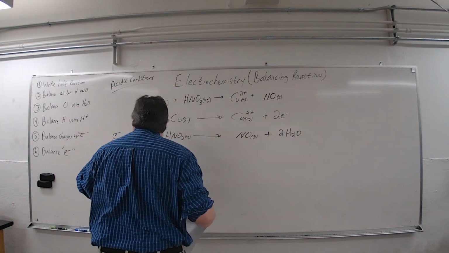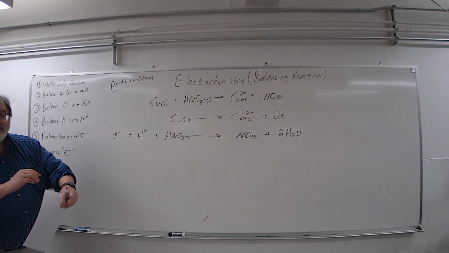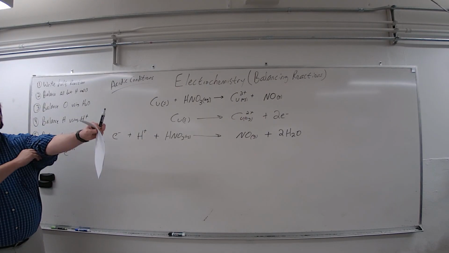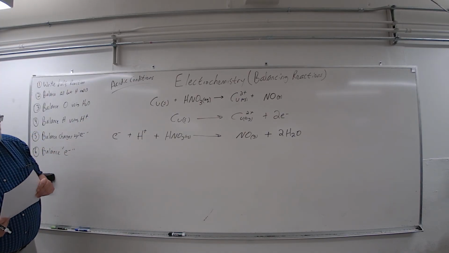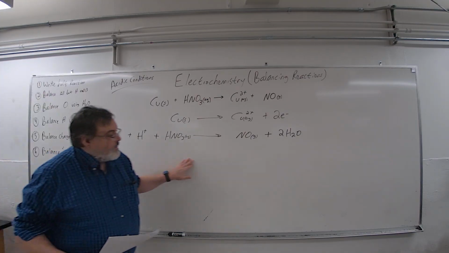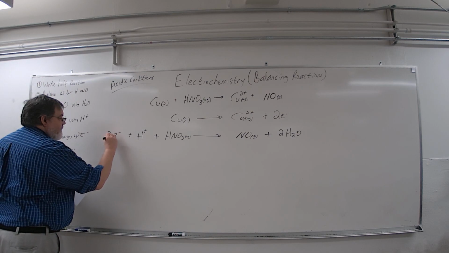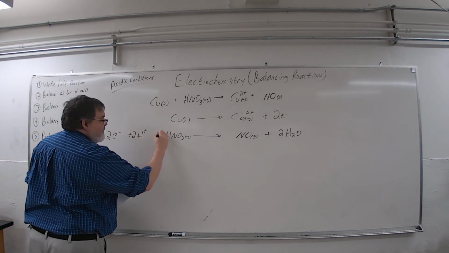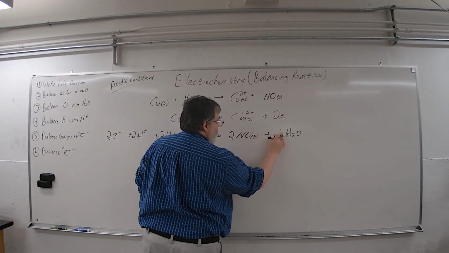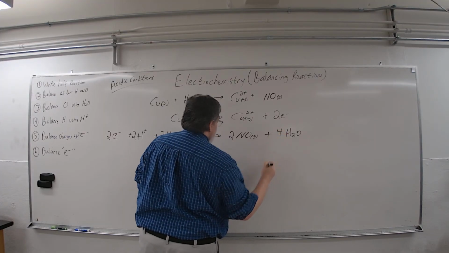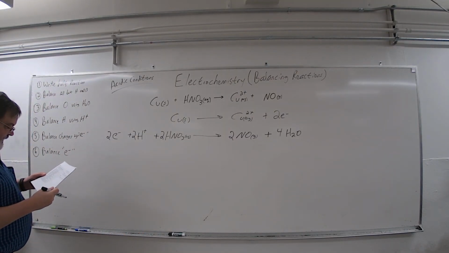The next one is actually balancing the electrons. So what do I need to do to make the electrons the same number? Multiply by 2. So I'm just going to multiply everything here by 2, and 2 times 2 will be 4. Okay. I think that's it.